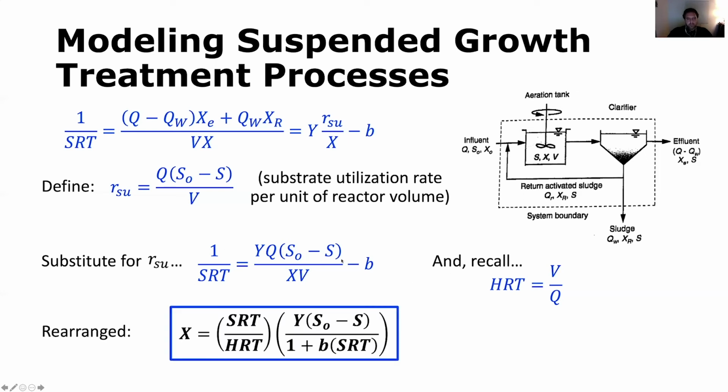With some algebraic rearrangement, we can get the equation in the following form: X equals SRT over HRT multiplied by Y times S0 minus S divided by 1 plus B times the solids retention time. This equation is one that you'll see in the FE manual when you take the FE exam or the PE exam. It is one of the most crucial equations used for representing and modeling suspended growth treatment processes.